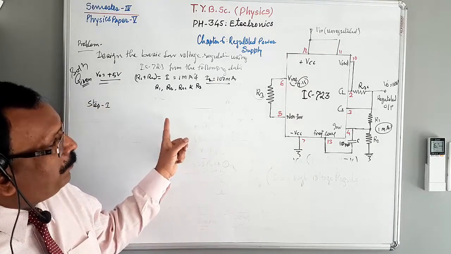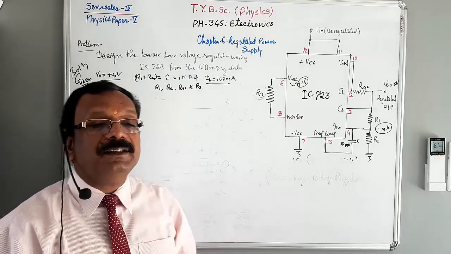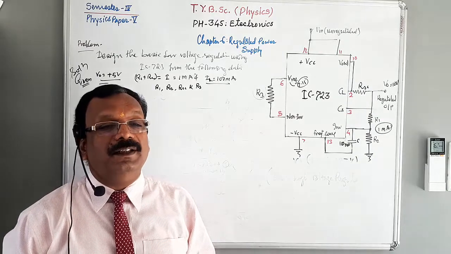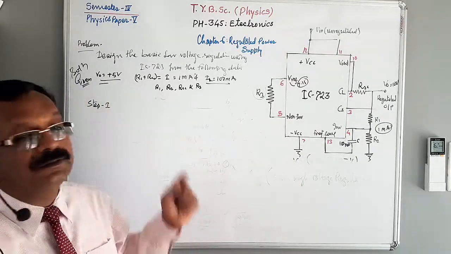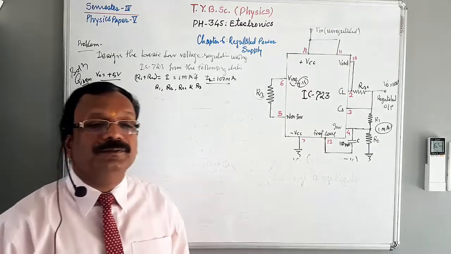We consider the same figure which I erased, the figure for the basic low voltage regulator, in which we have two resistors R1 and R2.